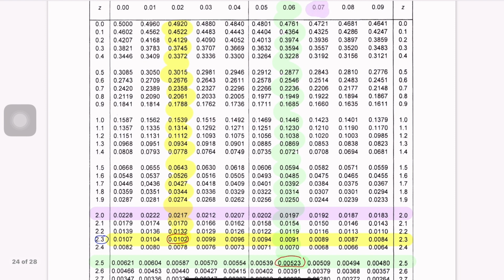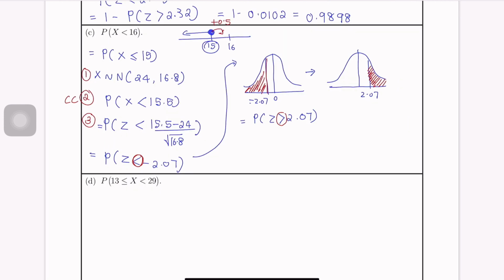This one. Can you find the value? Yes, the value is 0.0192. So the probability equals 0.0192. This one is straight away from the table. You don't need to do 1 minus anything.